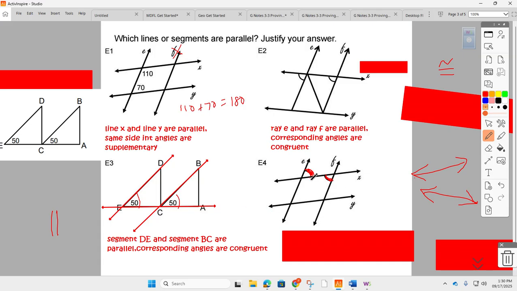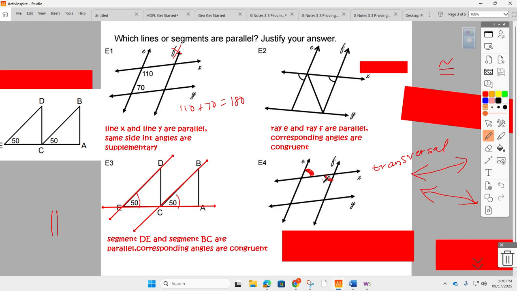So now, these two lines are being crossed. This is the transversal here, right? So what kind of angles are these two congruent angles? We're always thinking, where are they located? Alternate interior. They're both interior angles and they're on opposite sides of that transversal.